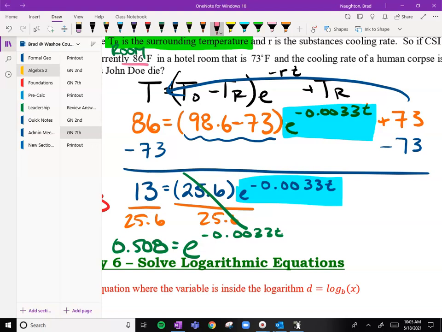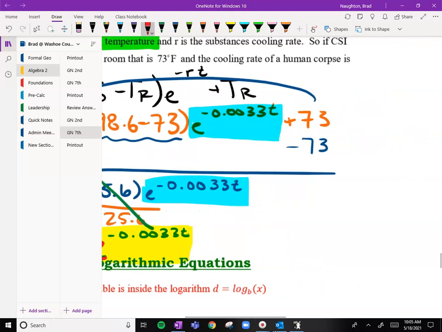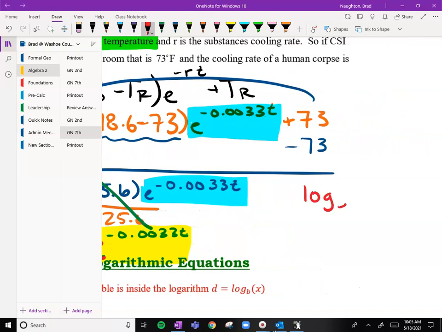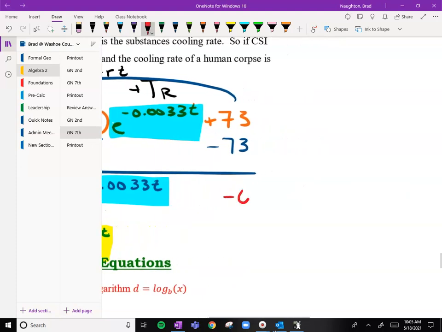Alrighty, so now we have just our variable term, and our variable's in the exponent, so we need to convert. So I have a base of e, so we'll go ahead and take log base e of 0.508 is equal to negative 0.0033 t, log base e of 0.508.